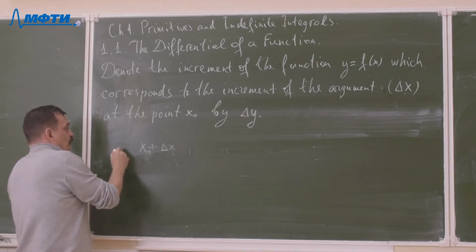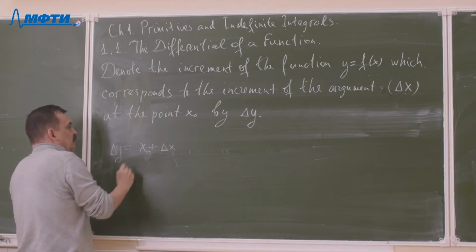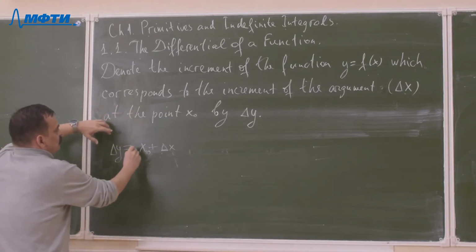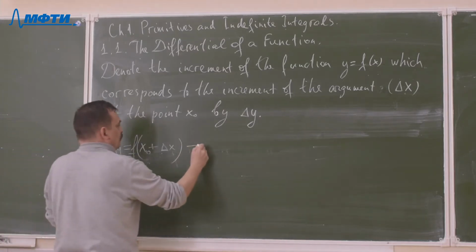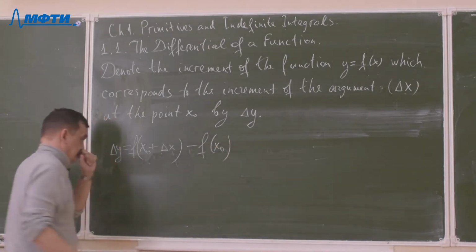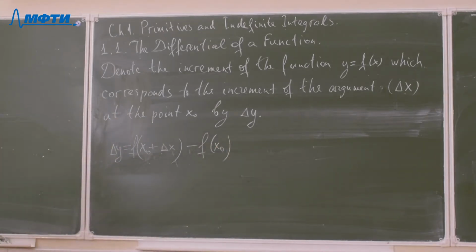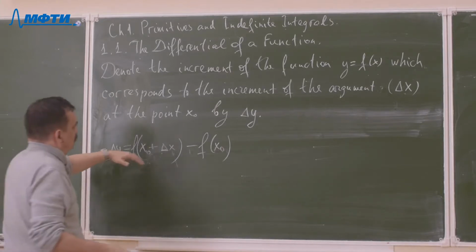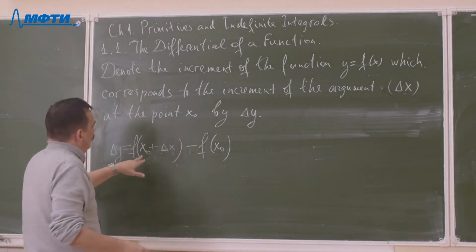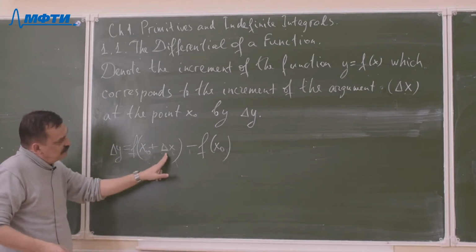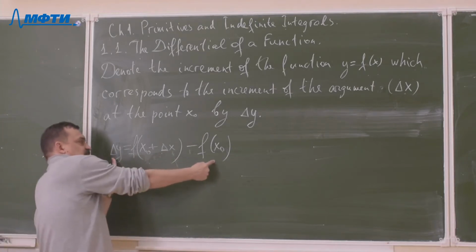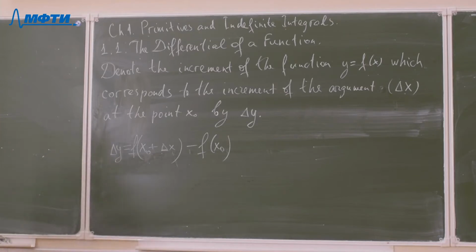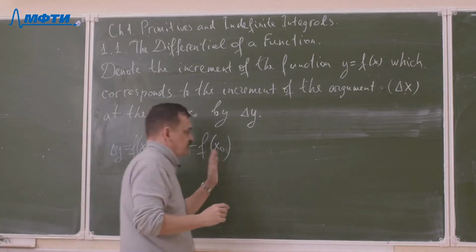And delta y, what is delta y? It is the difference between the value of our function at this new point and the value at x naught. So, once again, we give an increment to the argument and look at the increment of the function, how the function changes if we change its argument, right? That is the notation, nothing else. So that is just notation.